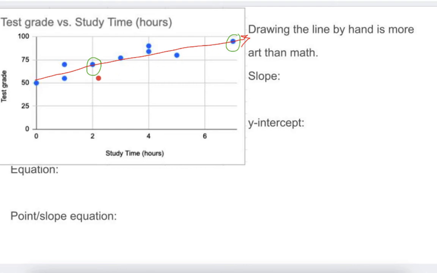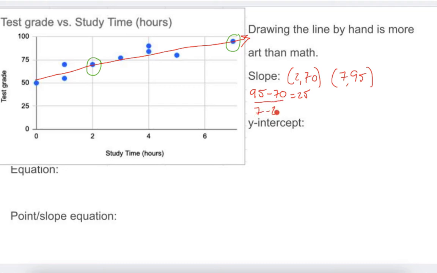So we know the coordinates of these 2 points. This is (2, 70) and this is (7, 95). So the first thing we need to do is find the slope. 95 minus 70 is 25, so that's our rise.